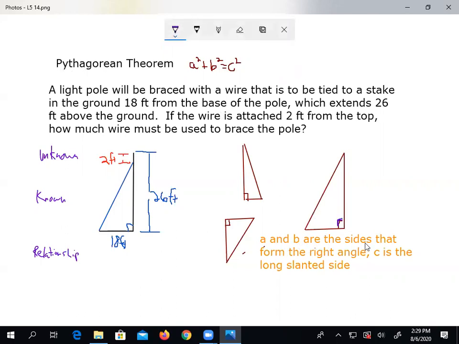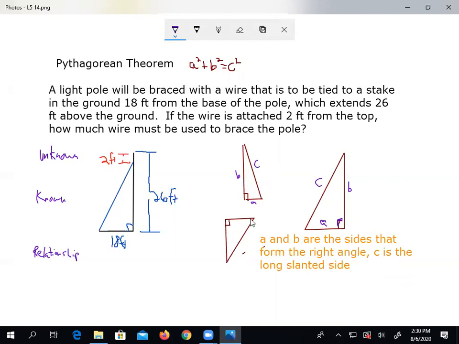The A and B are the sides that form the right angle, and C is the long slanted side. So this drawing right here, the A and the B are the sides that make the right angle, and the C would be the slanted side. If I look at this right triangle, the A and the B form the right angle, which is here, and then the C is the slanted side.